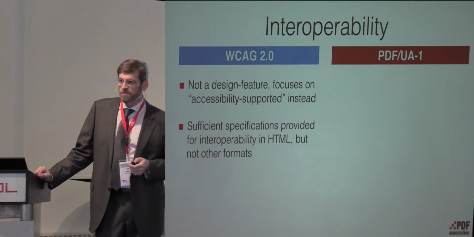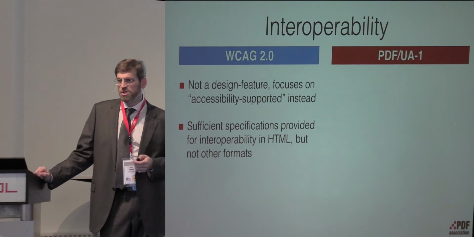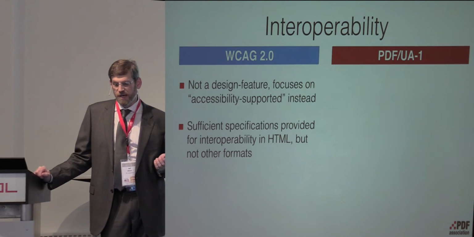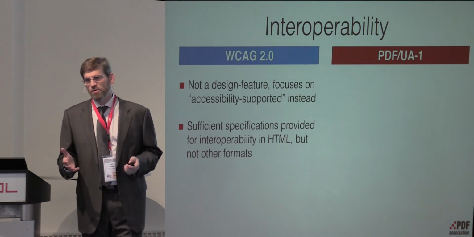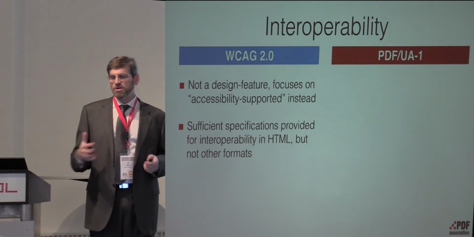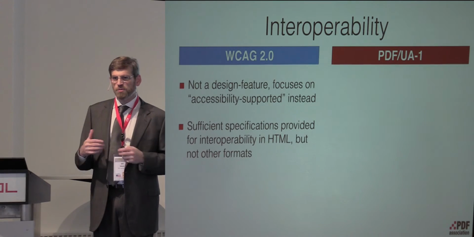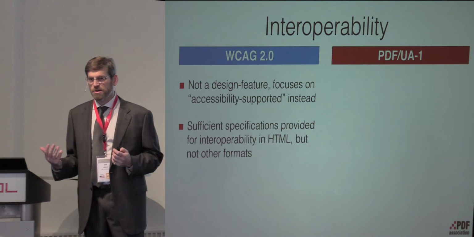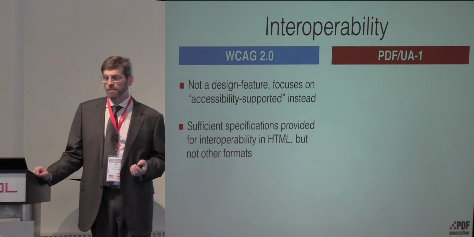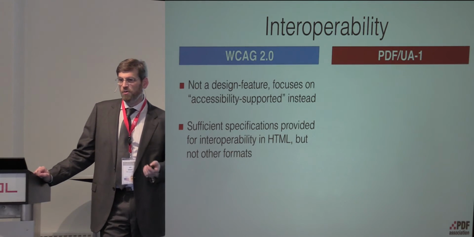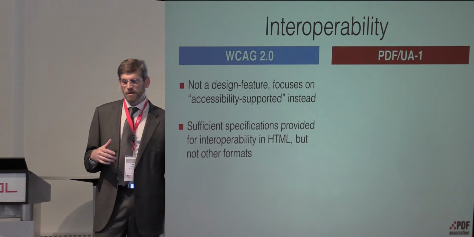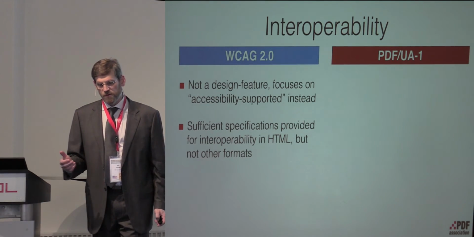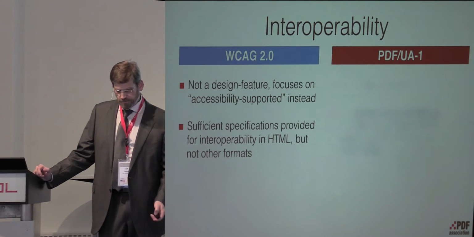And so it does indeed provide sufficient specification to achieve interoperability in HTML by and large. That is to say, if you generate a web page that conforms to WCAG 2.0, it's extremely likely that that web page will be fully portable for other browsers and will operate well with AT that's expecting HTML. Not necessarily true for other formats such as PDF.